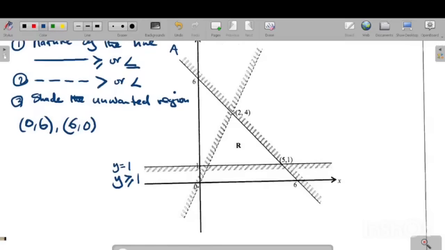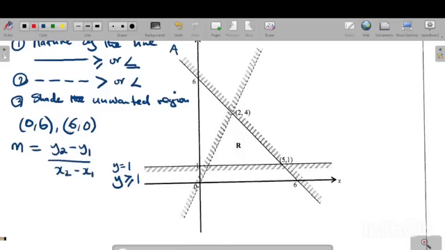Now we're going to use these points to come up with the gradient of this line. Gradient m is given by y2 minus y1 over x2 minus x1.